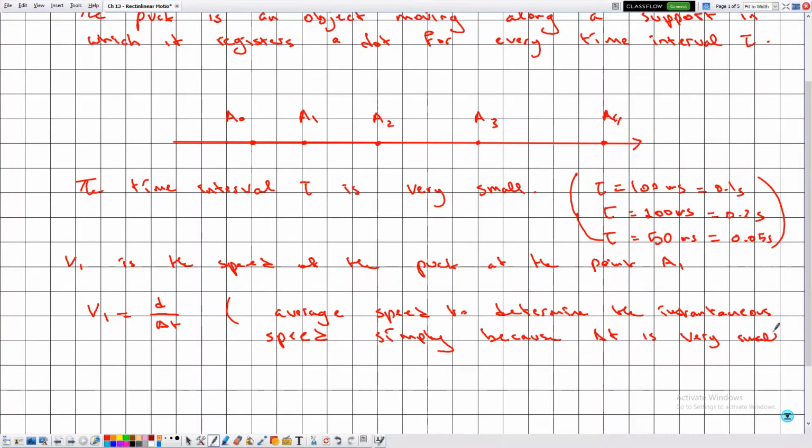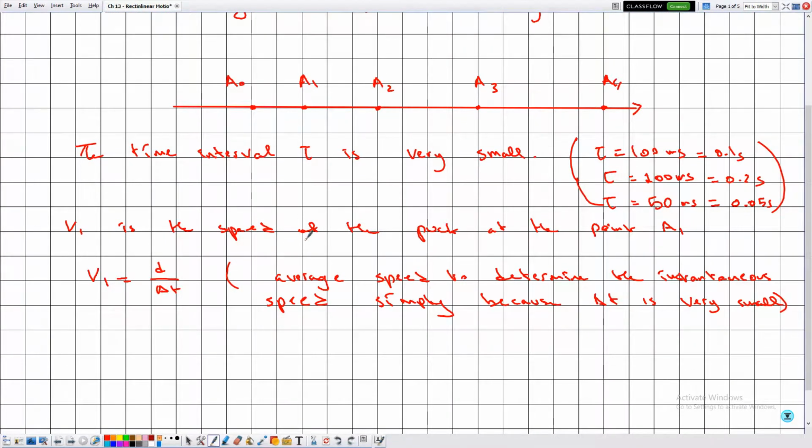So whenever the duration delta t separating two events is very small, instead of using the formula of the instantaneous speed, we can use the formula of the average speed.